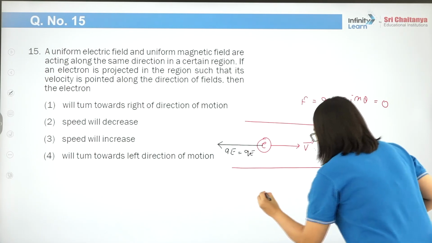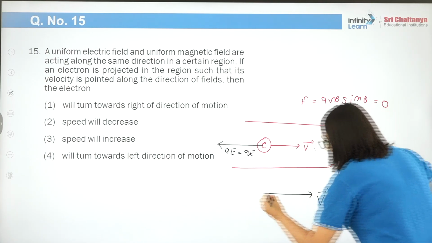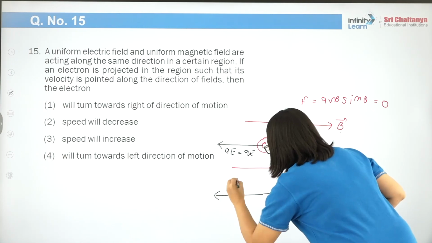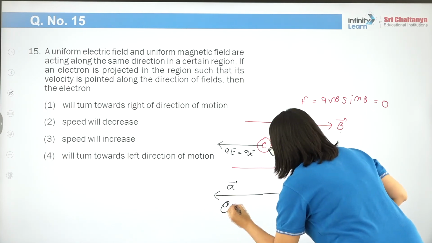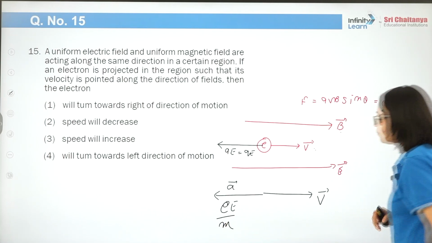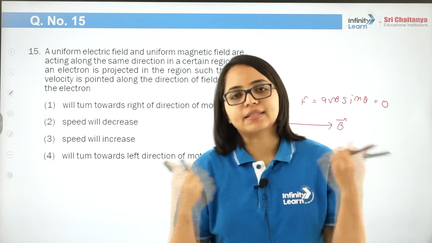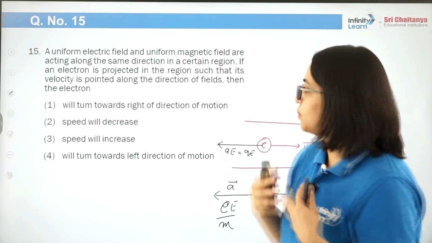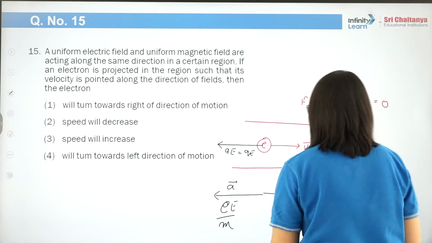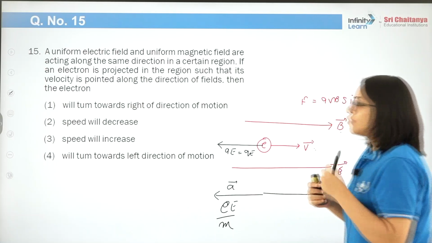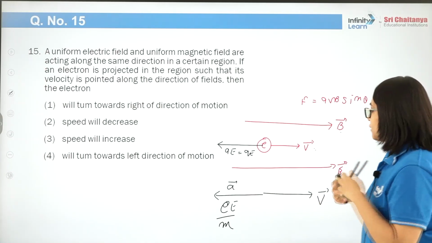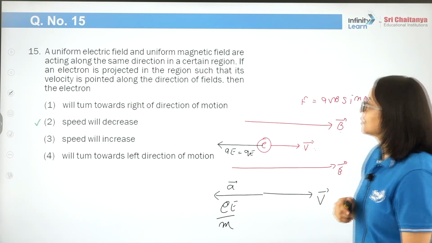So you can see that this is the velocity vector and the acceleration vector, which is force upon mass, eE upon mass, both are anti-parallel. When velocity vector and acceleration vector are anti-parallel, the motion is retardation. So over here, the speed of the particle will decrease. So the correct answer is option 2.